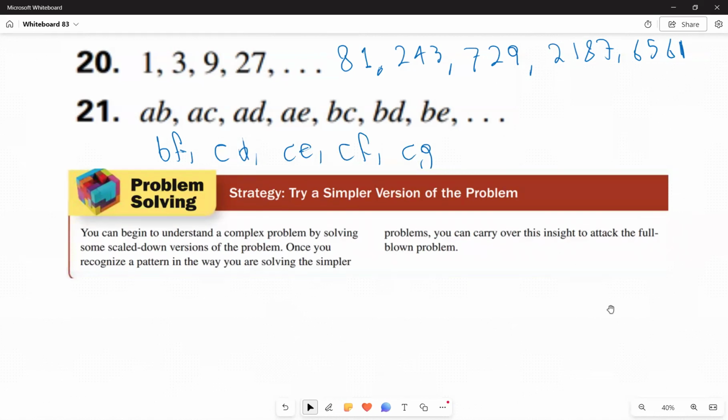You can begin to understand a complex problem by solving some scaled down versions of the problem. Once you recognize a pattern in the way you're solving the simple problems, you can carry over this insight to attack the full-blown problem.